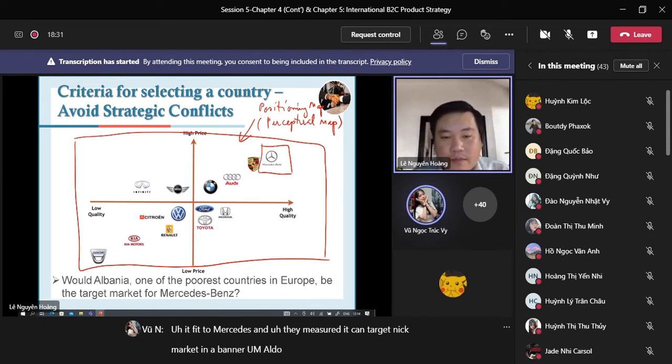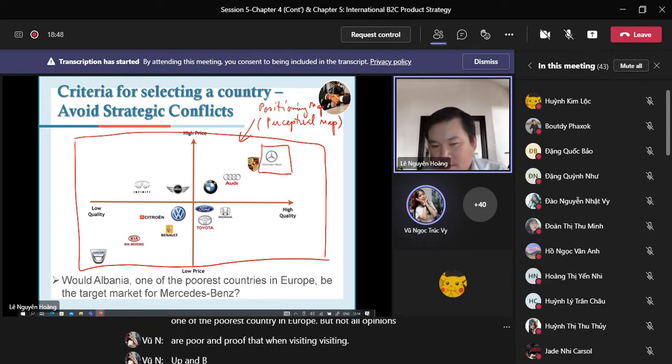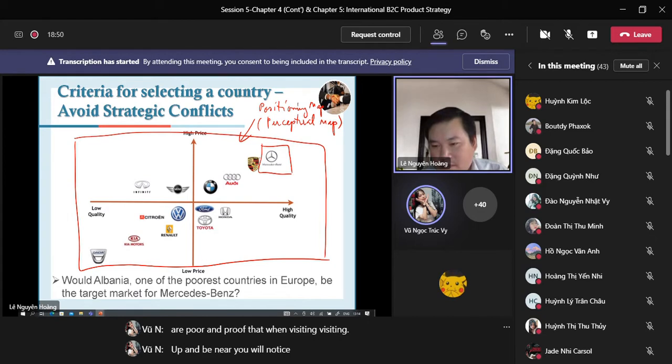Although Albania is one of the poorest countries in Europe, not all citizens are poor, and proof of that is when visiting Albania, you will notice many Mercedes cars on the road.